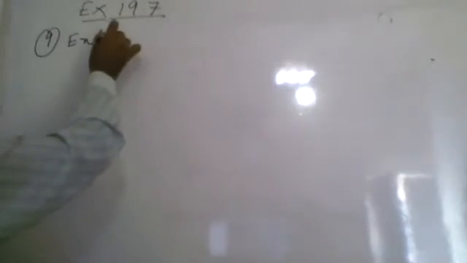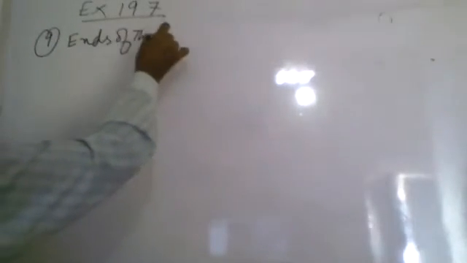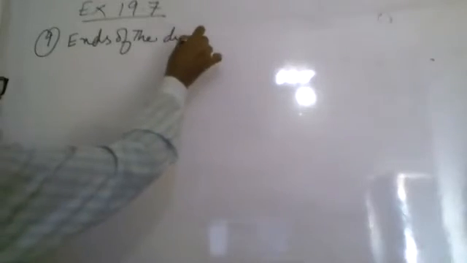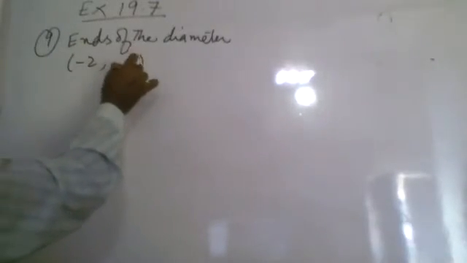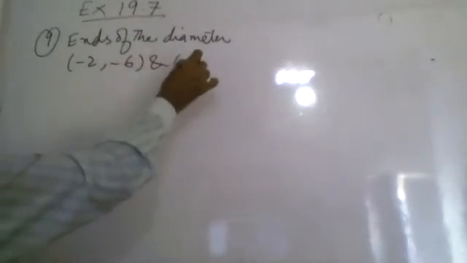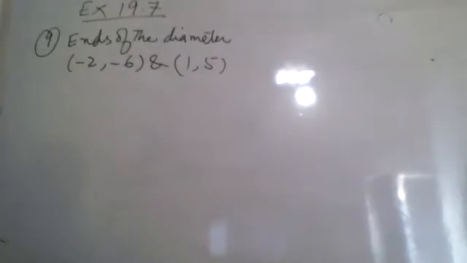Question number 9, ends of the diameter are given. What is it? (-2, -6) and (1, 5). These are the ends of the diameter, not the center.